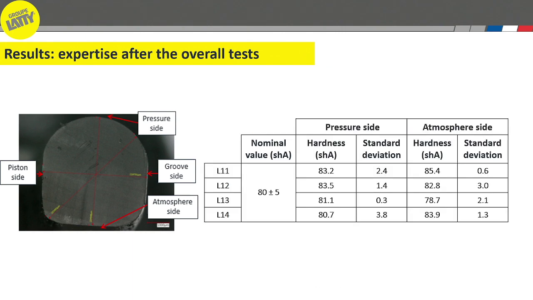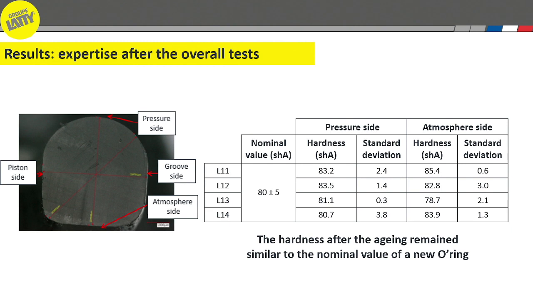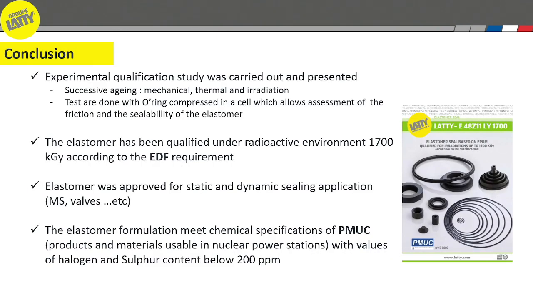This result was confirmed by the measure of the hardness before and after the test on different sides of the O-ring, and here we can see that the level of hardness measured after the test remained at the same level and the same uncertainty as a new O-ring, which is a quite interesting and good result. To conclude this second study, an experimental qualification has been carried out and presented here.